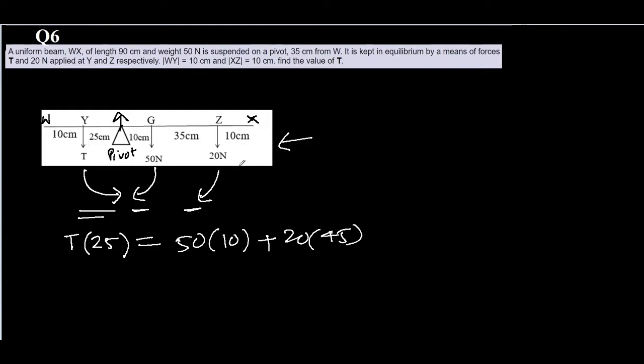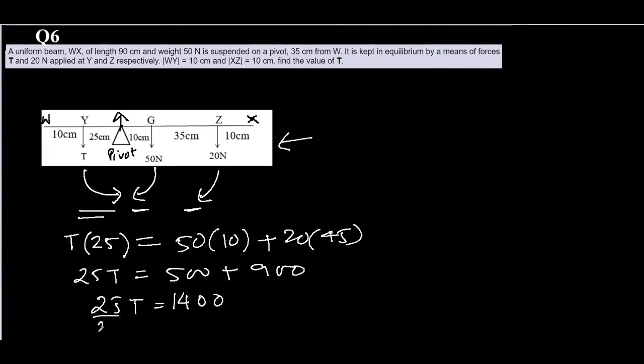If all of them are in centimeters, we can ignore the conversion into meters because all of them can cancel. So 25T becomes 500 plus 900. Okay, 25T becomes 1400. Let's divide both sides by 25. So this 25 will cancel and T comes out to be 1400 divided by 25, 56 Newton.